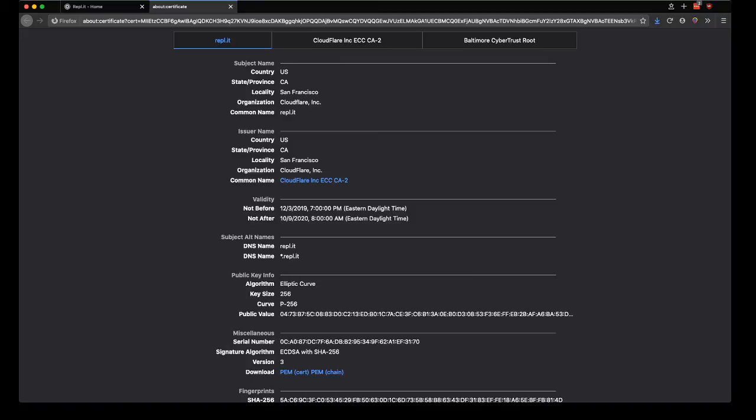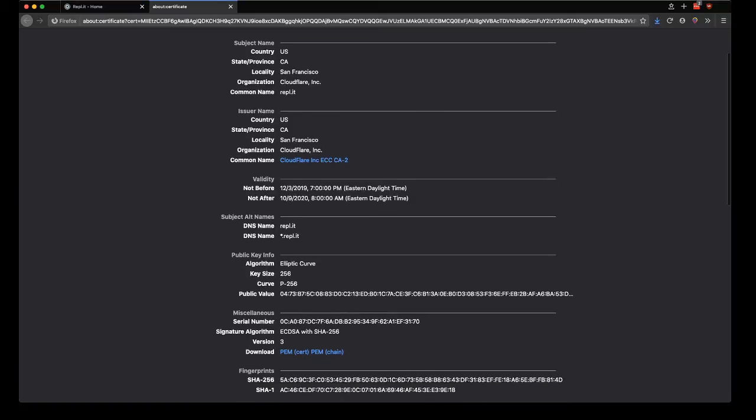All certificates have a start date and end date. It will be valid through October 9th. This certificate is usable on REPL.it and any site with this star.repl.it, any site that ends in REPL.it.